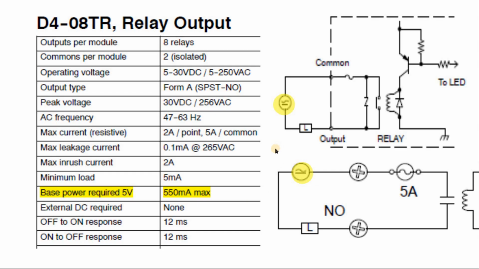The relay card is actually one of the heavy loads on the internal power supply from the PLC. The reason is you have the coils inside those relays, and you can see here this card is 8 relays only, but they need 550 milliamps. So the card will consume this much if you energize the whole 8 relays.